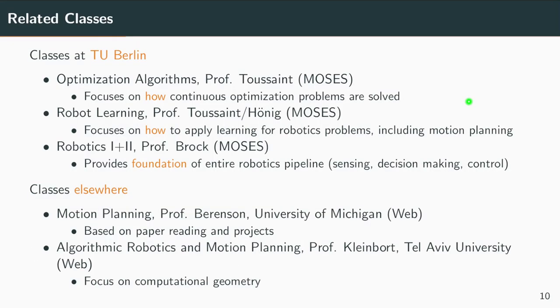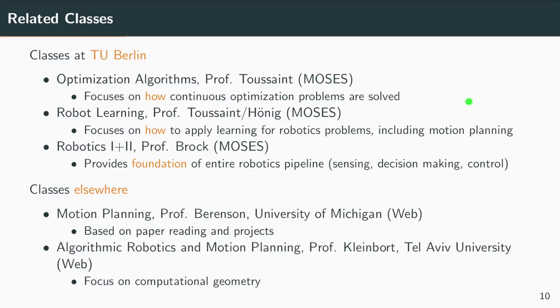And then maybe it's also good to relate it to other classes, in case you're right now unsure what you should actually take, or how it relates to something that you have already taken. So at TU Berlin, Professor Toussaint has the optimization algorithms class, and I also just mentioned optimization. In that class, the focus is really on how optimization problems are solved internally, so the algorithms to solve problems that you write down.